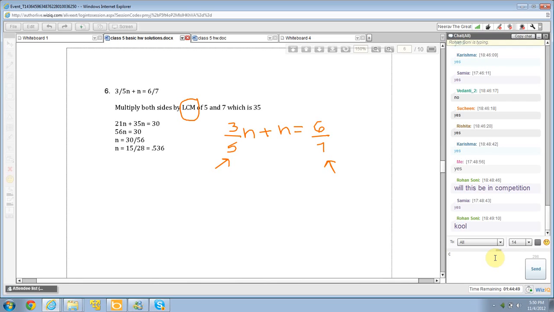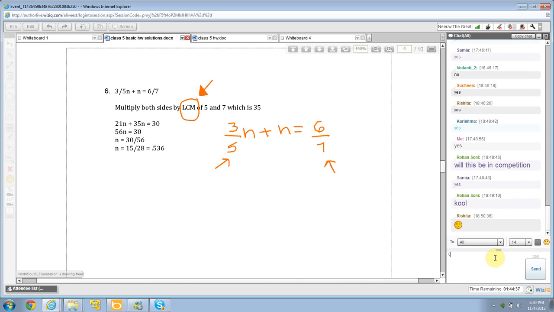It's easier too if you multiply by the smallest number that is a multiple of 5 and 7. That's called the least common multiple, which we learned in the second class, I believe. So you multiply by the LCM.